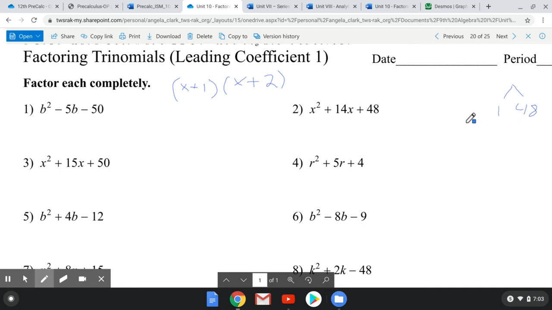Also, the next one would be 2 and 24 multiply to 48. 4 and 12. 8 and 6, or 6 and 8, I guess, if I'm going in order.